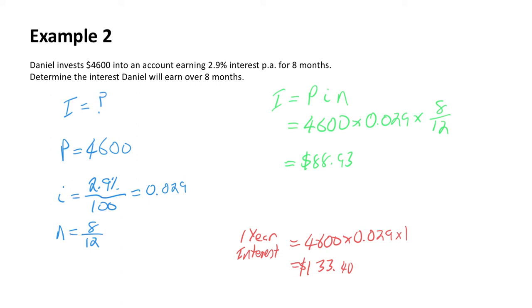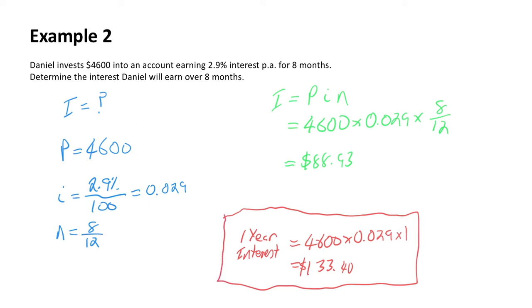So I can see that my $88 is less than $133. I can just do that check in my head. Yes, that makes sense. So Daniel over the 8 months is going to earn $88.93. Just remembering this check isn't required as part of the question.